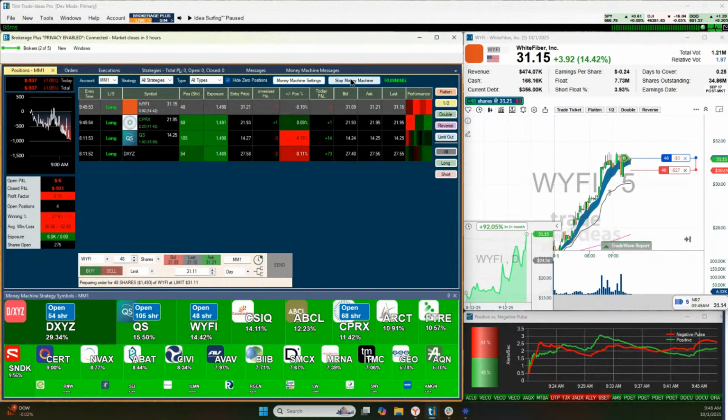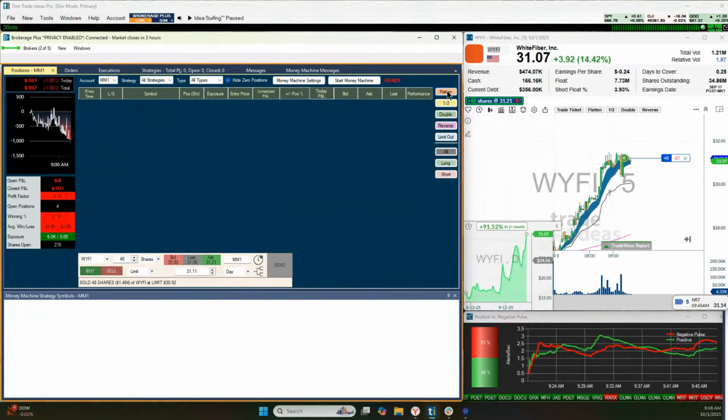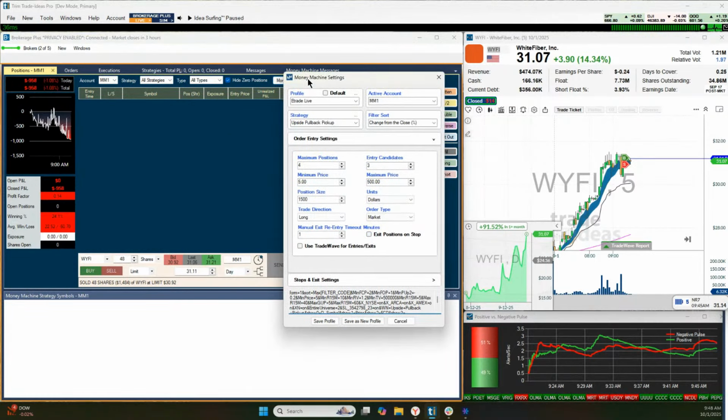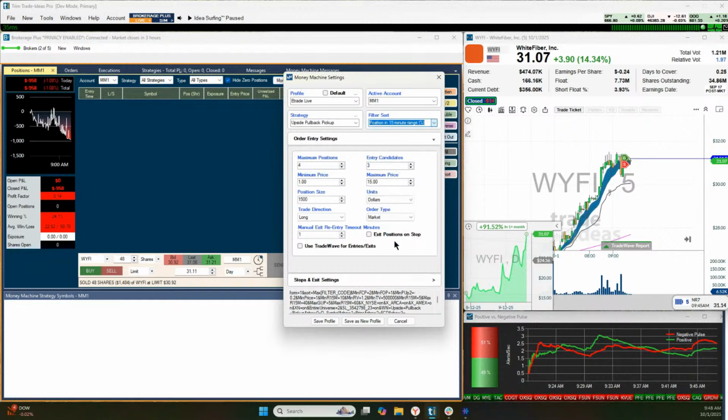So let me make a quick adjustment here. I'm going to stop it one more time. Button, money machine settings, and let me just do a couple of things here. Okay, let me go to 1, 15, just adjust them. And here, just to make it easy to show, position in 15-minute range.